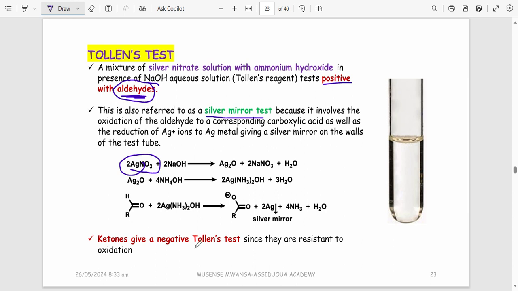Please take note, it is negative when you're talking about a ketone. That is very, very important. Okay. Any question?